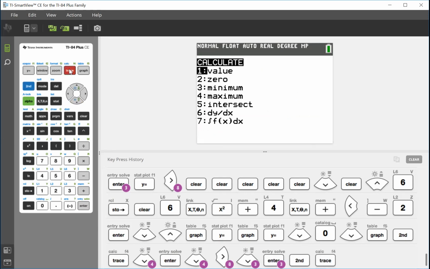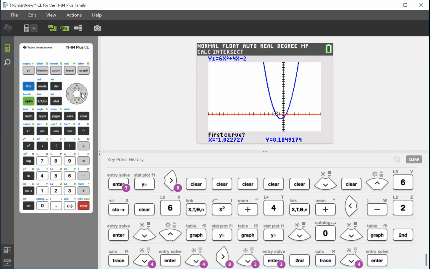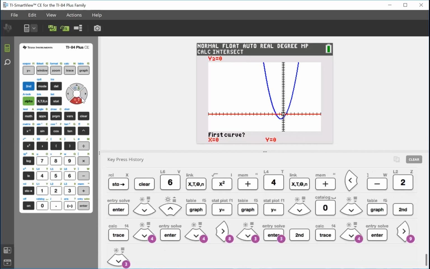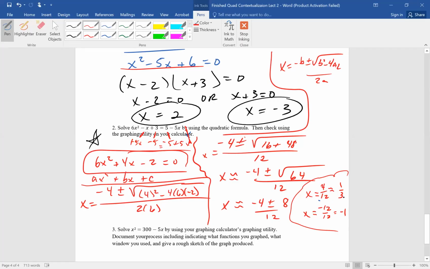Second, calculate, intersection, again scooting over to the point you're most interested in. Enter, enter, enter. That intersection is 0.333, which is 1/3. Does that match up? I think so. 1/3 is 0.333, and my other one was negative 1.